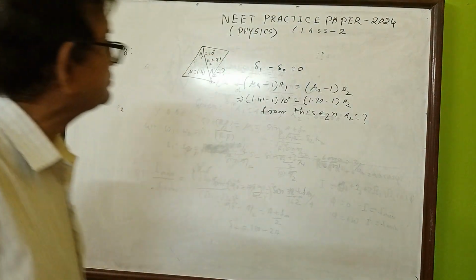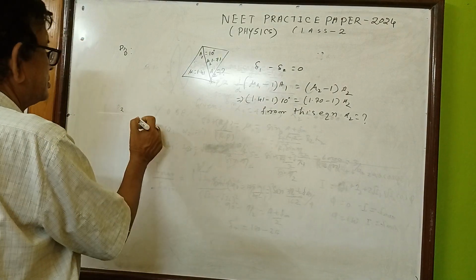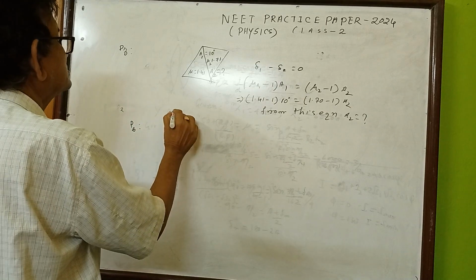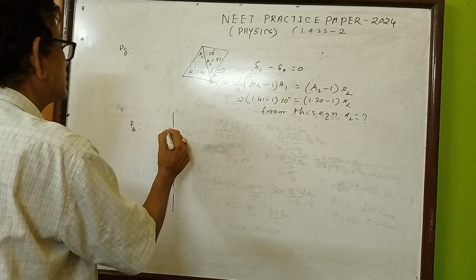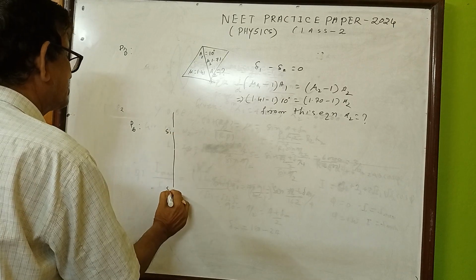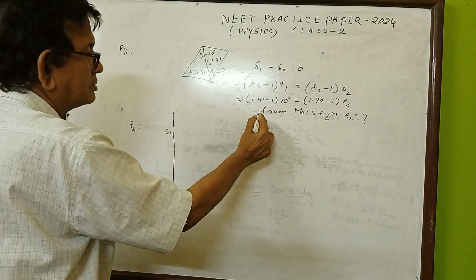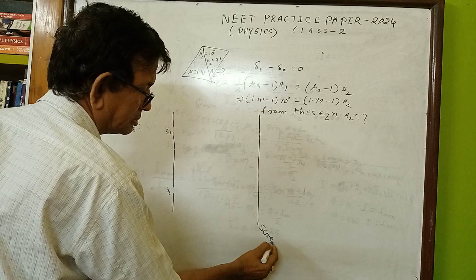Now children, another problem I am solving, that is problem number 6. Two slits are there, one is S1, one is S2. Two slits and one screen. That is a screen.